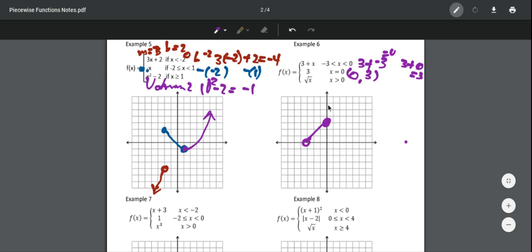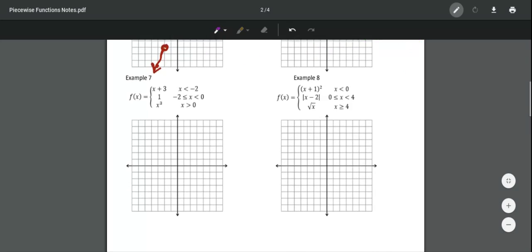This is the square root function on the right side with an open circle. So it would normally go like this. And so it is an open circle here going over like this. Almost done here with the drawing graphs.